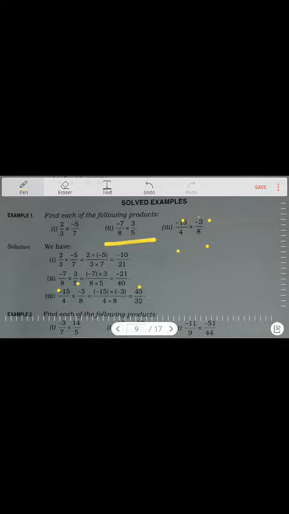The numerators and denominators are multiplied. You can see at the top it has been written minus 15 into minus 3 by 4 into 8. So minus into minus becomes plus. You can see there is no sign in front of 45, which means there is a plus sign, and 4 into 8 is 32 over here. So these are all 3 sub-questions in example 1.